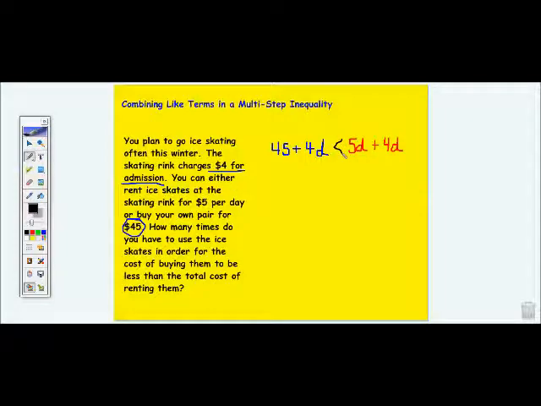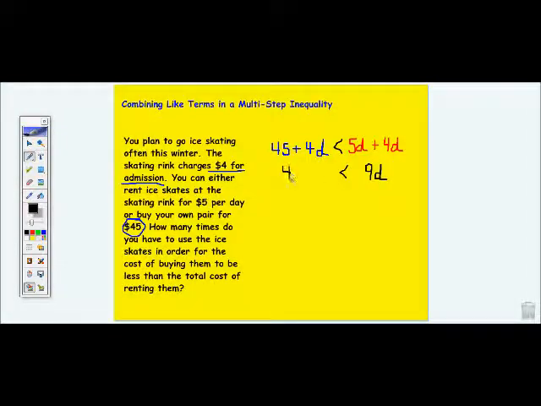Now I need to go ahead and simplify my terms first. Notice I have two variables on this side. I need to simplify those first. Some of you were missing this step earlier in equations. So simplify first.